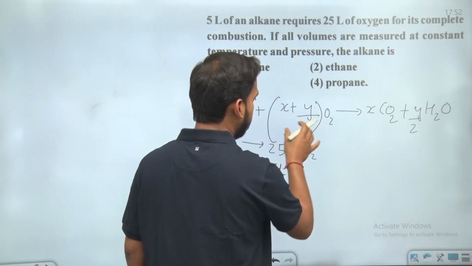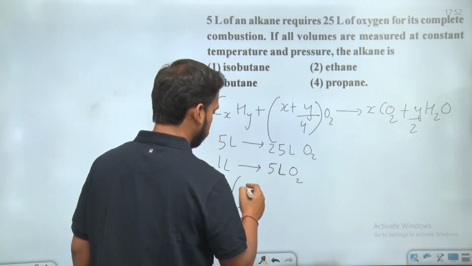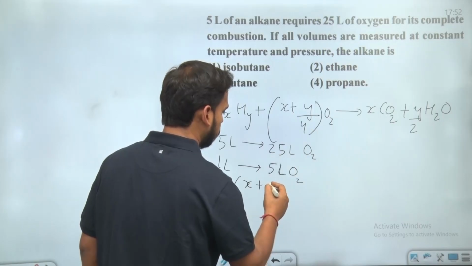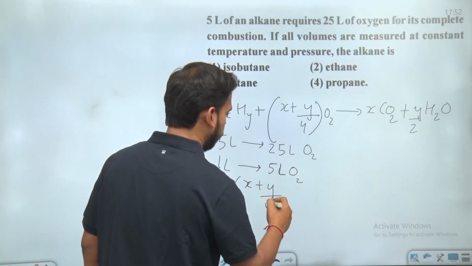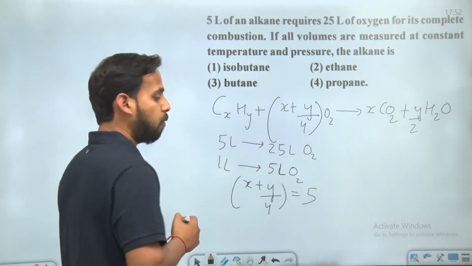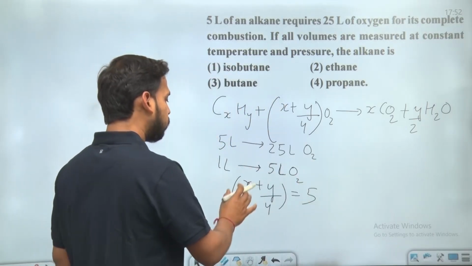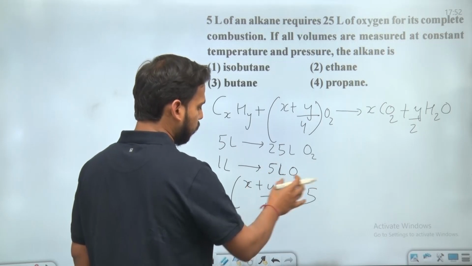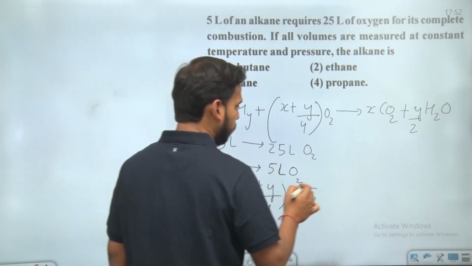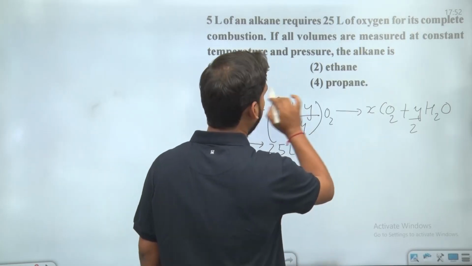So x plus y by 4 will be equal to 5. This condition of x plus y by 4 equal to 5 will be satisfied by propane.